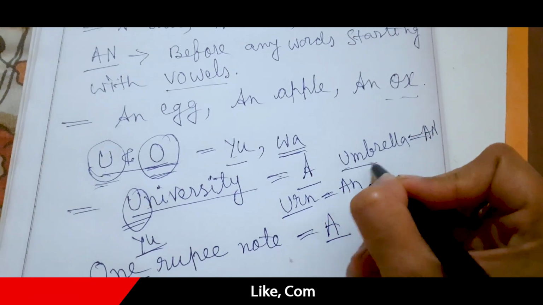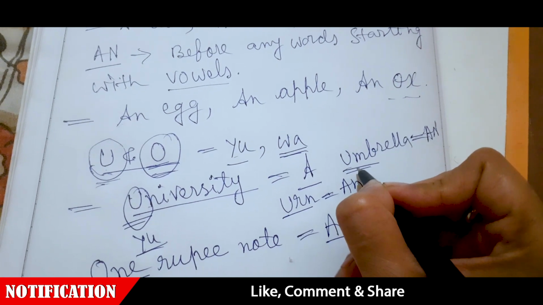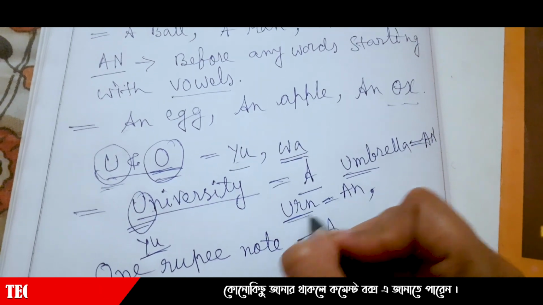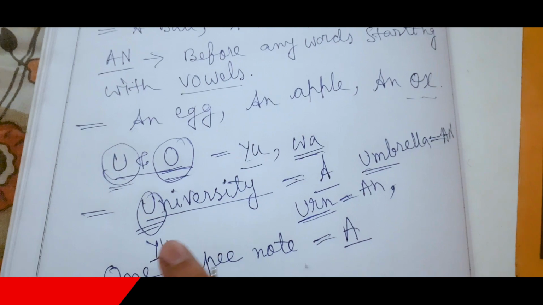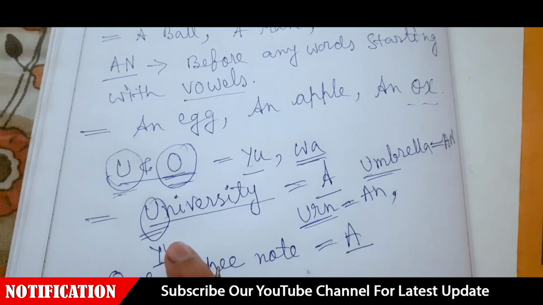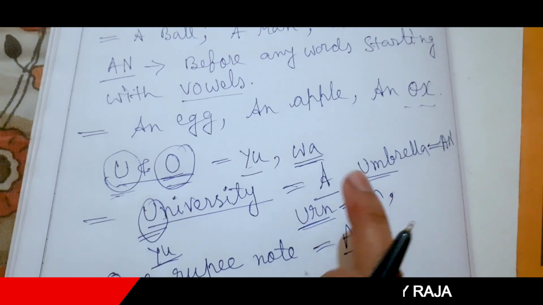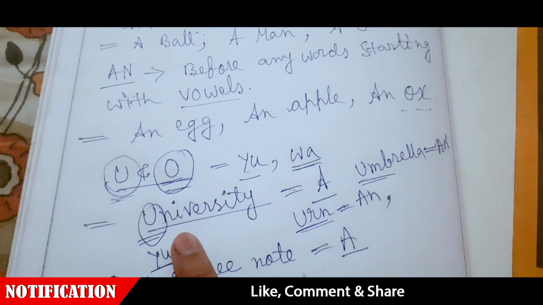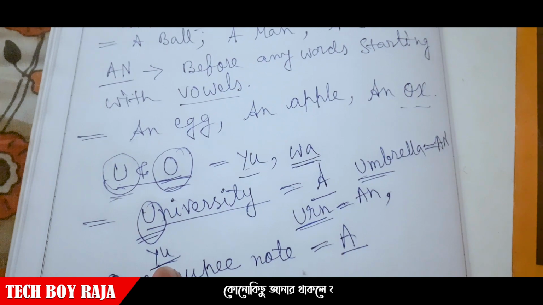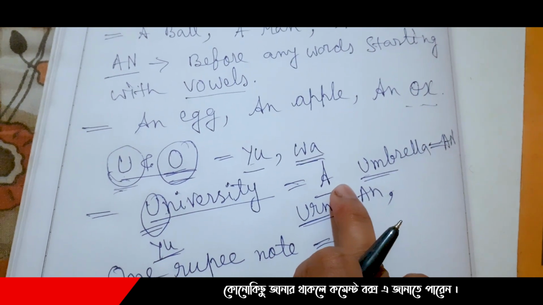Why? Because in umbrella the pronunciation is going uh. In earn, the pronunciation is going uh. Instead of yu, whenever any other pronunciation comes from U, there will be the article an. But whenever the word starts with U and the pronunciation is also yu, at that time there is a.